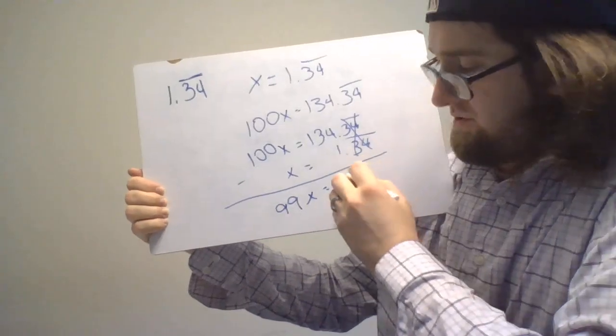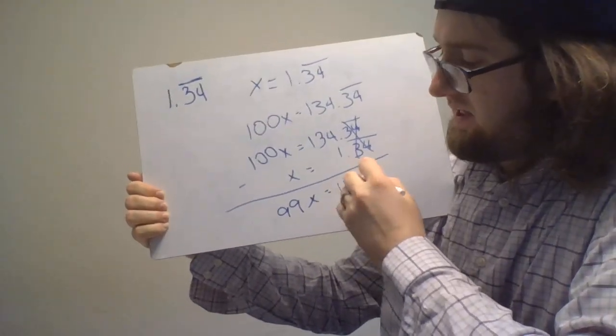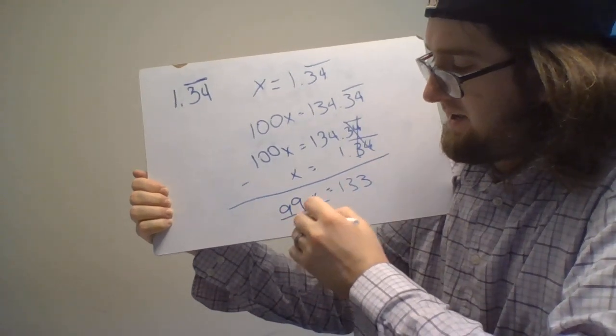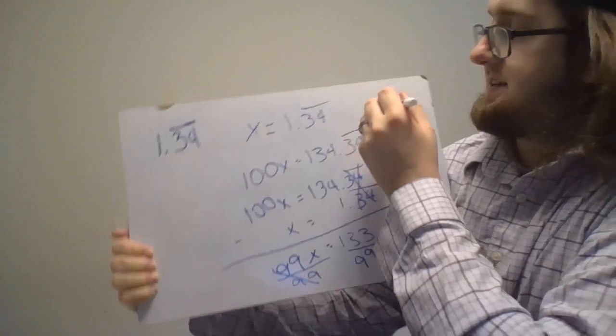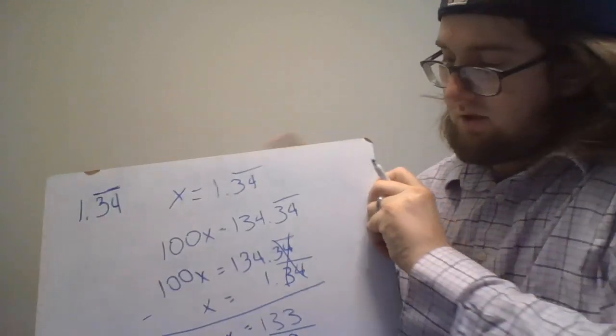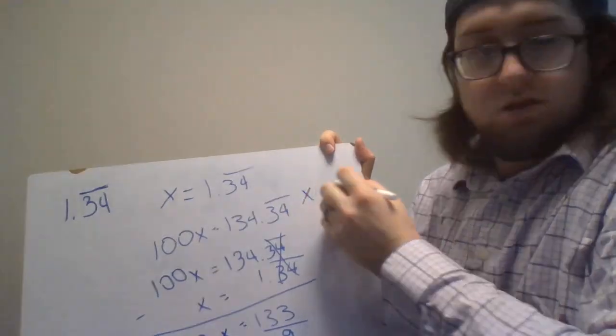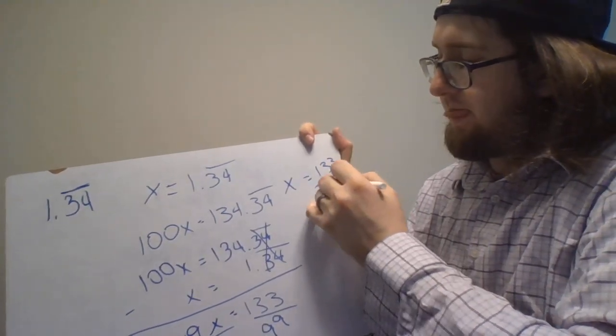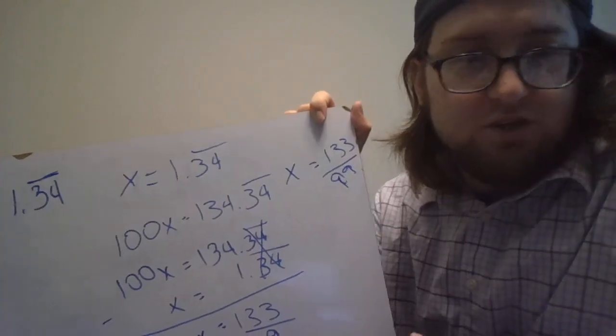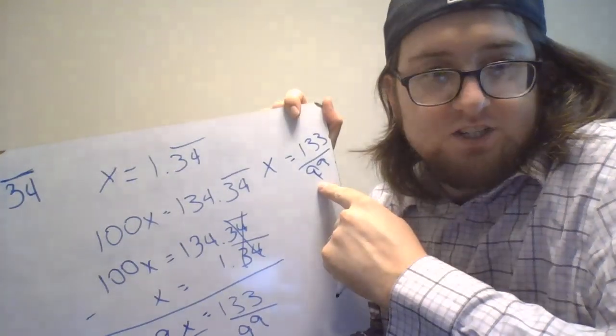That is equal to 133. We divide by 99. x equals 133 over 99. And if you're in my class, you know I'm totally fine leaving it as an improper fraction.